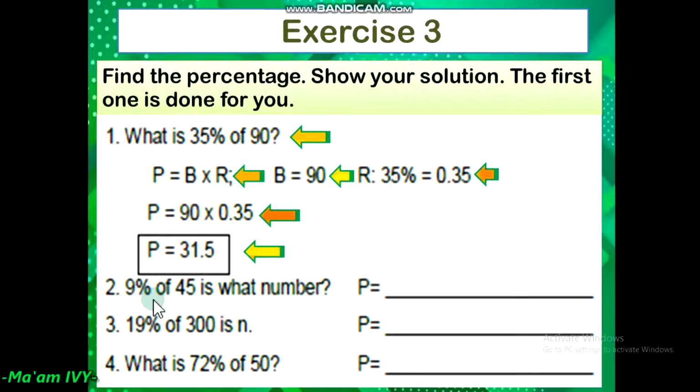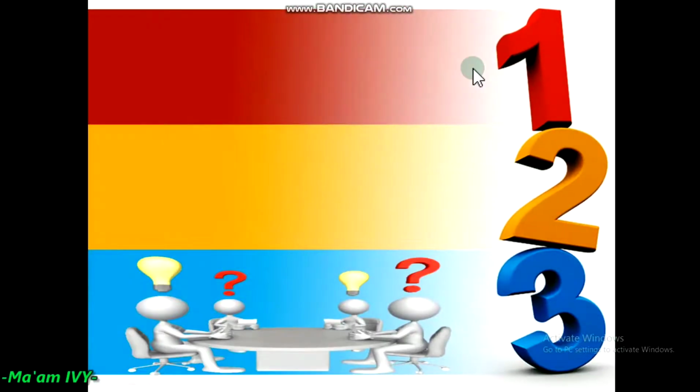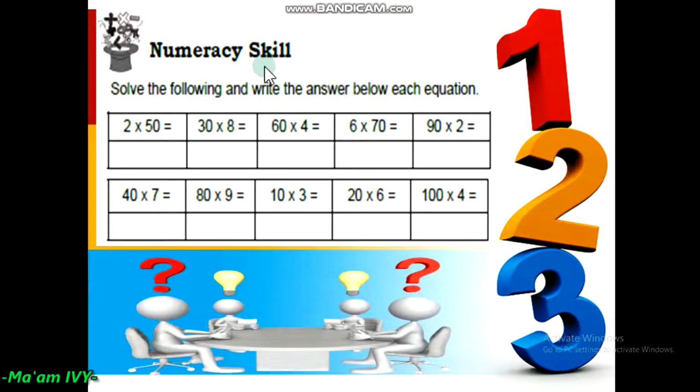You are going to answer number 2, number 3, and number 4 on your answer sheet, and then write your solution on your scratch papers. Let's proceed to your numeracy skill. Solve the following and write the answer below each equation.